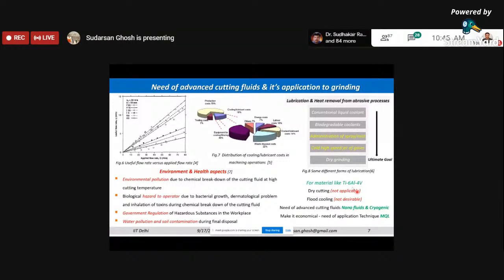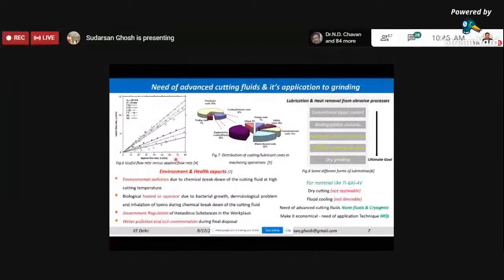Now, on the left-hand corner of this slide, I have given a graph showing the useful flow rate of the metalworking fluids and the applied flow rate.